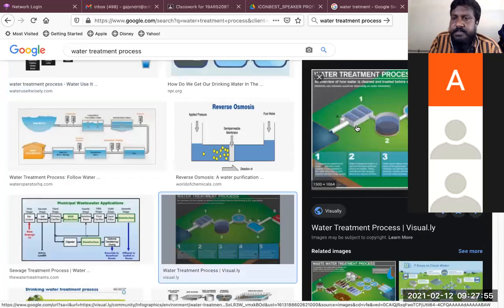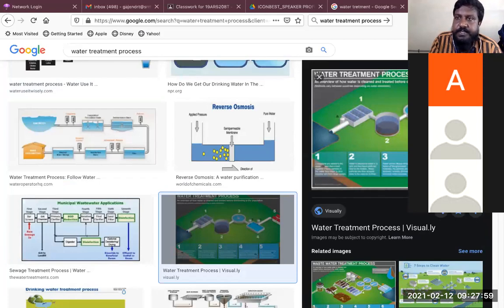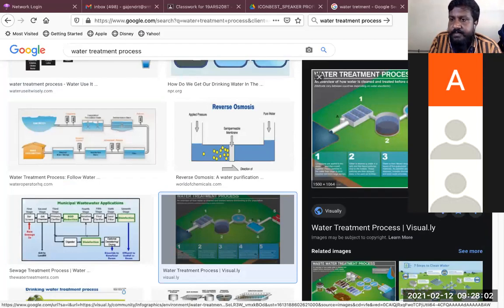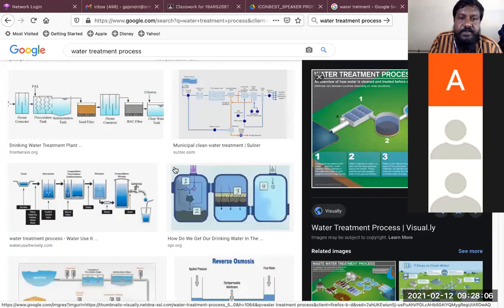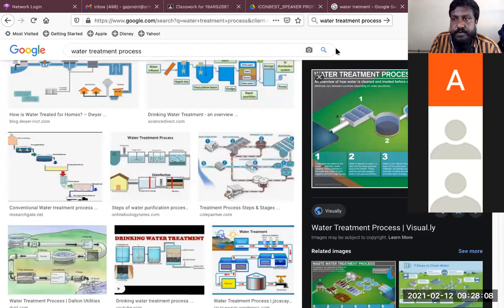This one would be much simpler. Water is stored for sedimentation, and then it goes through a sand filtration, and then it's collected and distributed. So there are various methods to be taken up. You can take whichever is ideal for you, but all you need to remember is this process that needs to be followed.